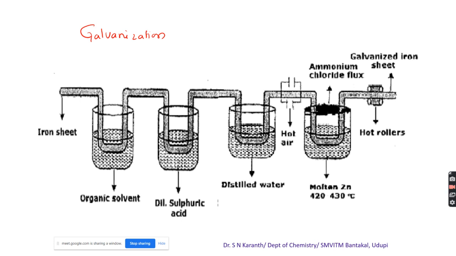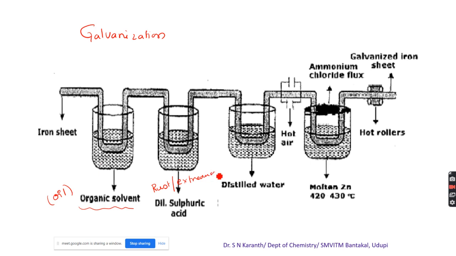So for that purpose, in any process, galvanization or tinning, first the iron sheet is dipped in an organic solvent. When you dip the sheets in an organic solvent, the organic components like oil and grease are removed. Then that article is passed through a chamber containing dilute sulfuric acid in order to remove rust or any other extraneous matter.